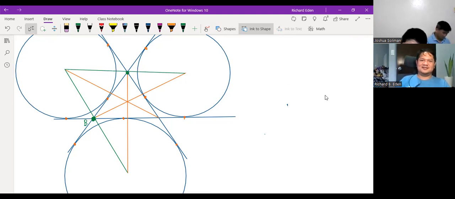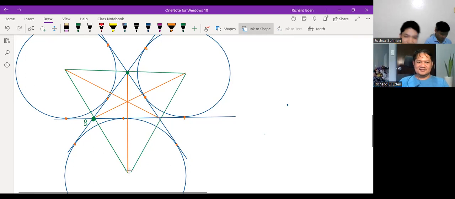My question is, the lines from the excenters to the points of tangency of the excircle, are they concurrent? Because it appears so. Wait, let's label.